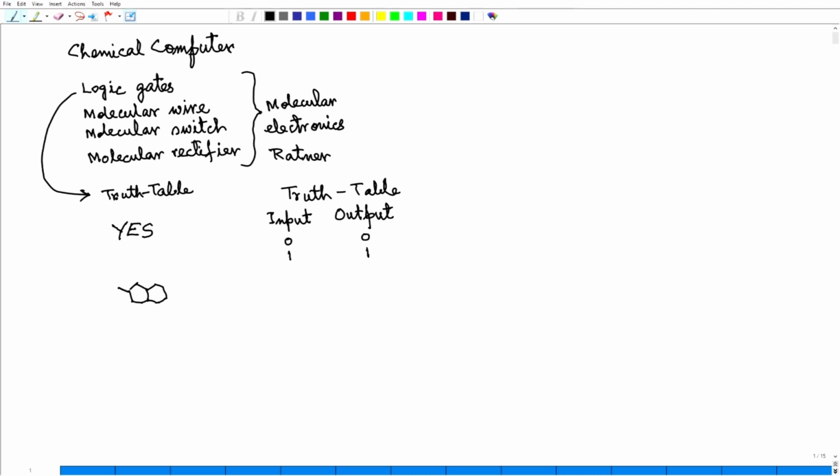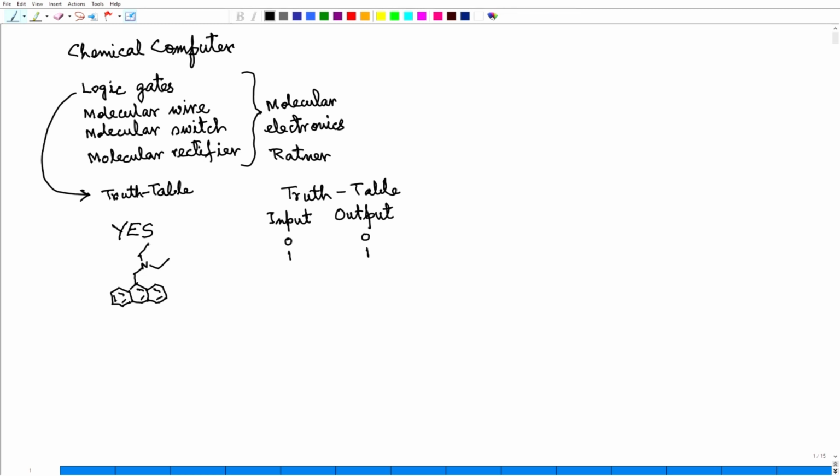Same old anthracene. So, this is the compound.